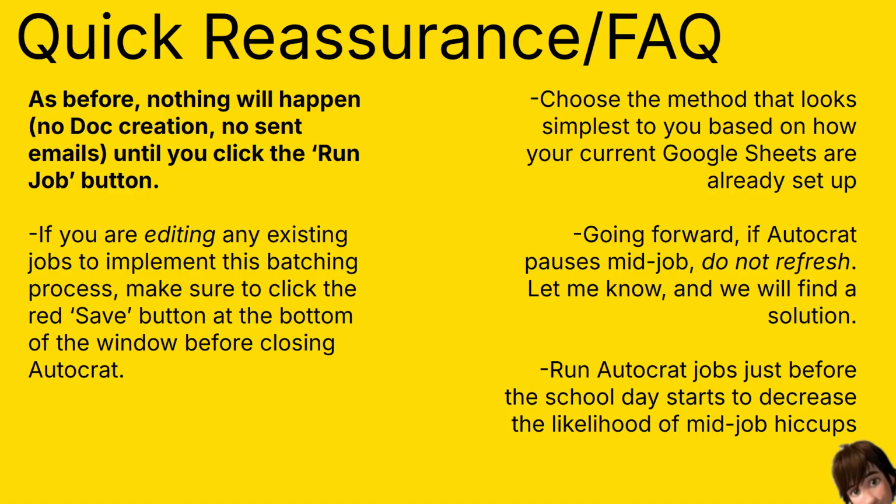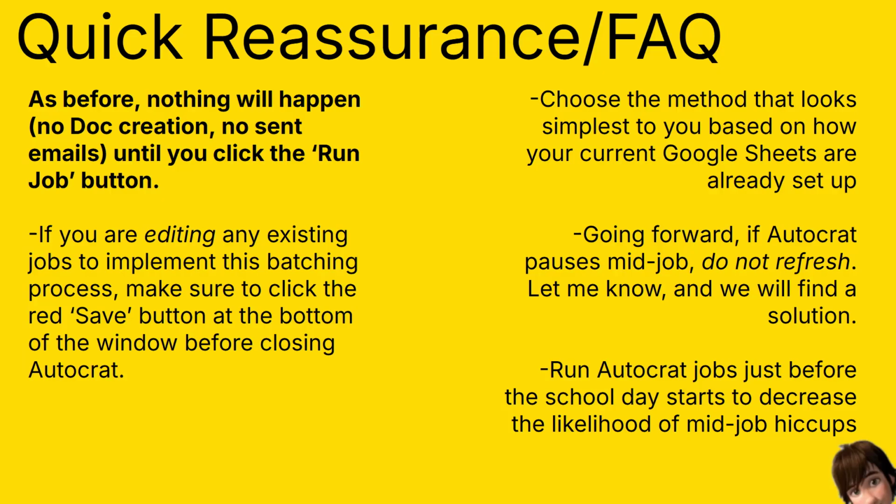And then these last 2 points are really important. Going forward, if there is some sort of brief internet outage, or just high internet traffic that causes Autocrat to stop working mid-job, don't refresh the page, don't click out of it, give it a chance to do its thing.